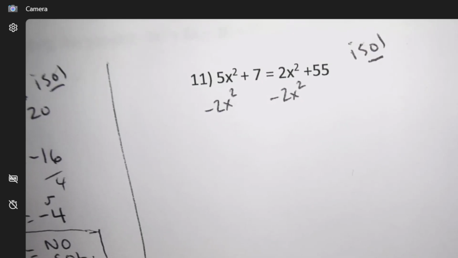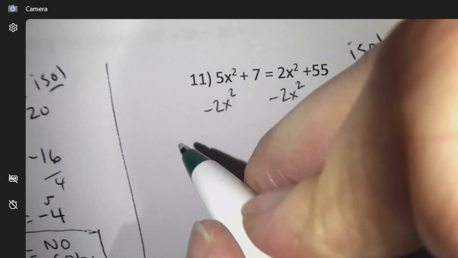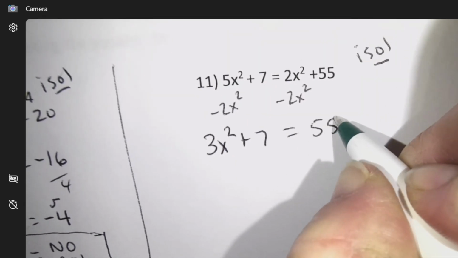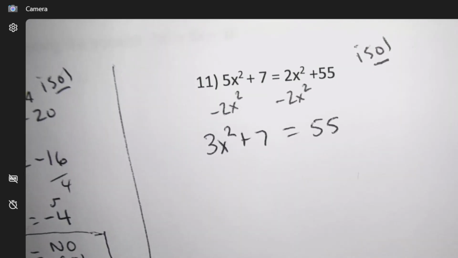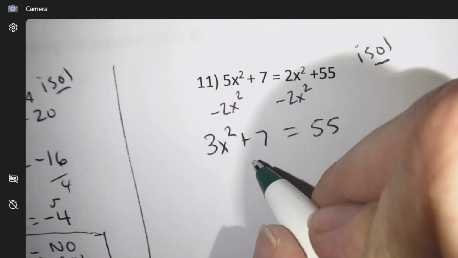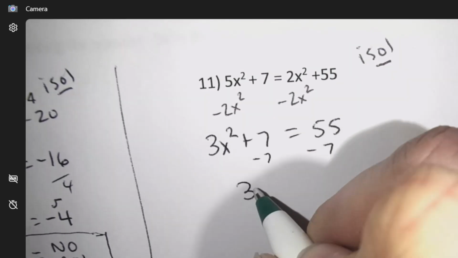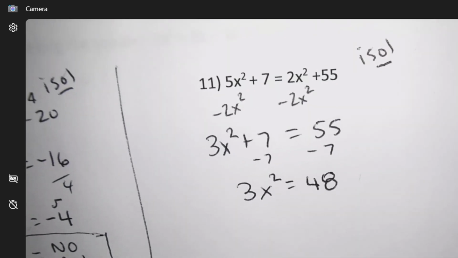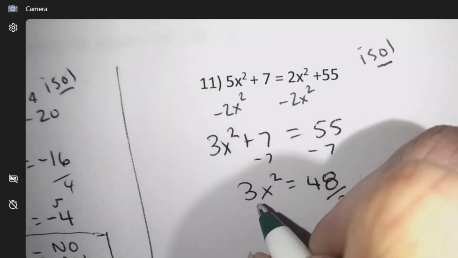I mean, you can do things different ways, but so 3x squared, okay, then I'm going to move the number, divide.